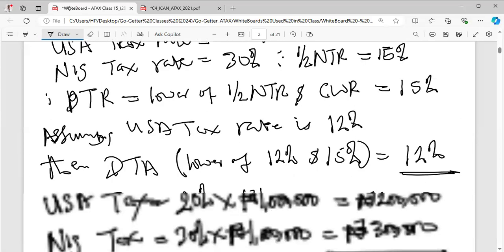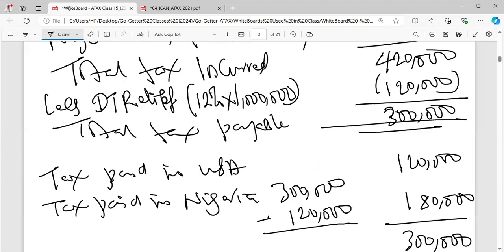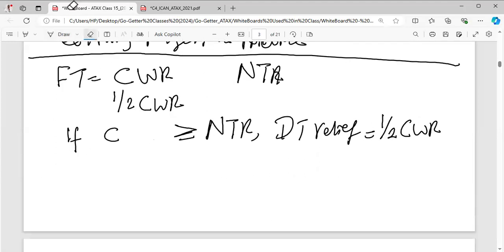Let's get it clear. If Nigerian tax rate is greater than or equal to Commonwealth, that means this Commonwealth rate of tax does not exceed Nigerian tax.